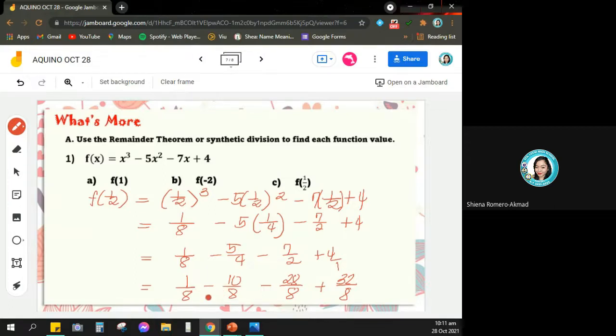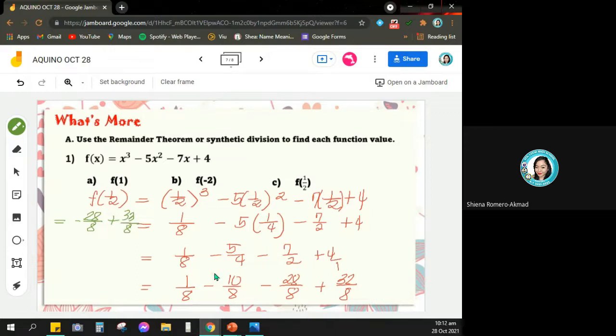So, we have 1, 8 minus 10 over 8 minus 28 over 8 plus 32 over 8. So, ang gawin natin, lahat ng negative, pag samasamahin natin, and lahat ng positive, pag samasamahin natin. Pag ginawa natin yon, ang magiging solution natin ay negative 28 over 8, tapos plus 33 over 8.